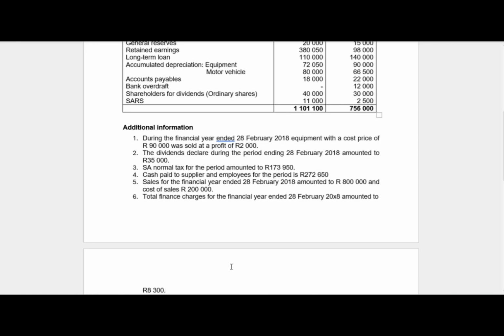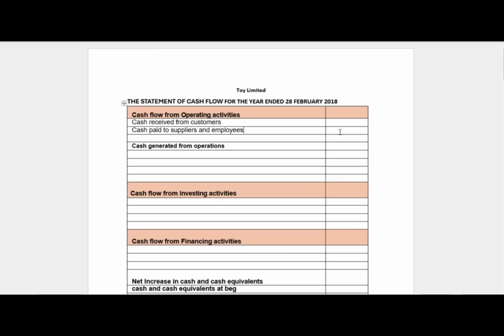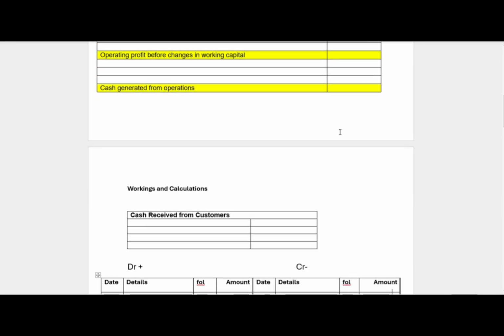It's an outflow, so you come here and open a bracket, because it's an outflow, cash paid 272,650, and you put that in brackets. The only thing that you need to calculate there is your cash received from customers.